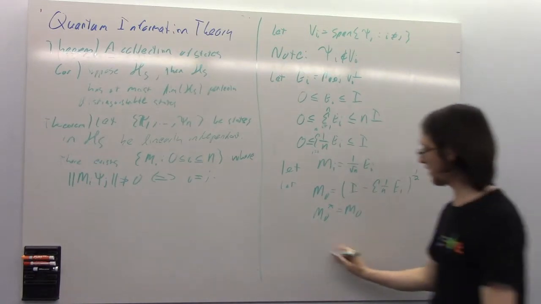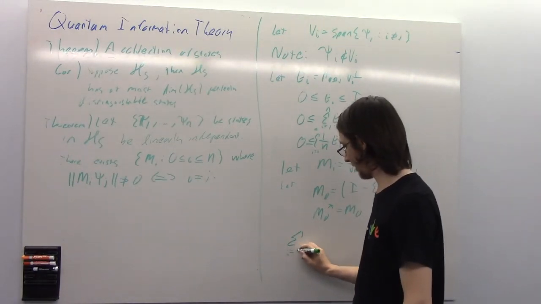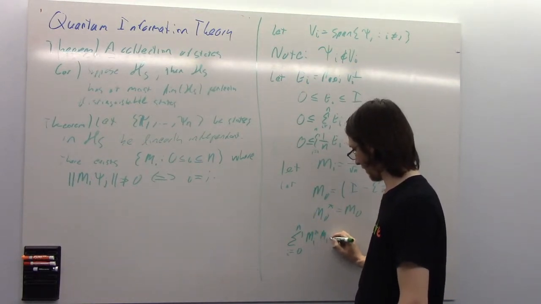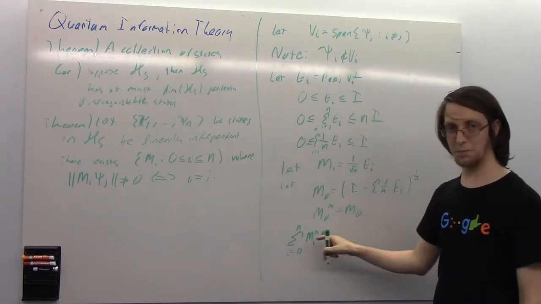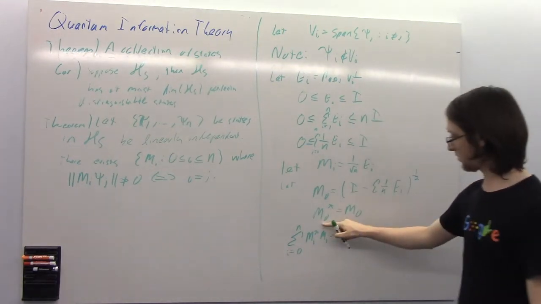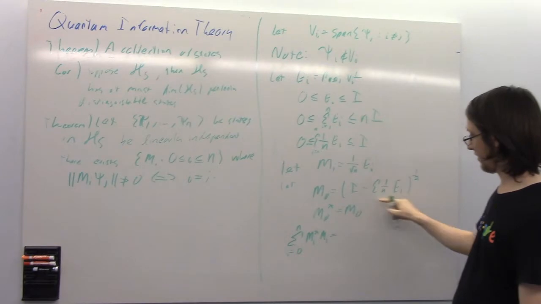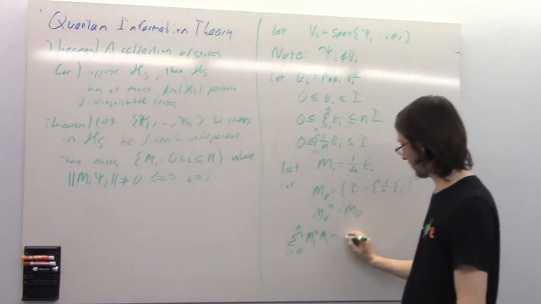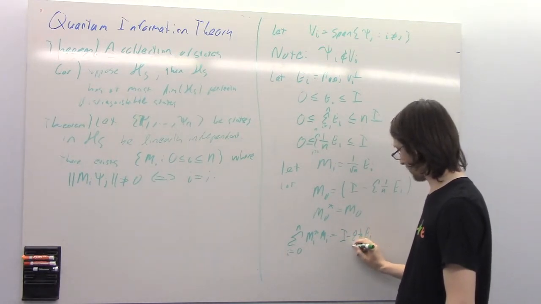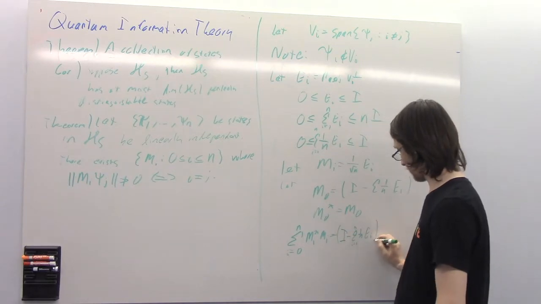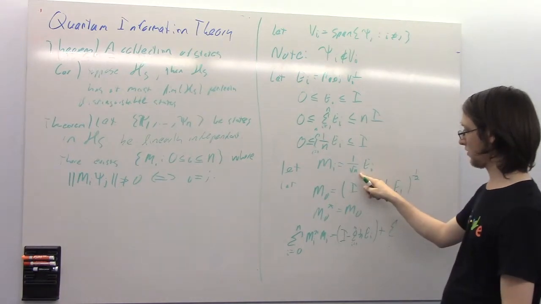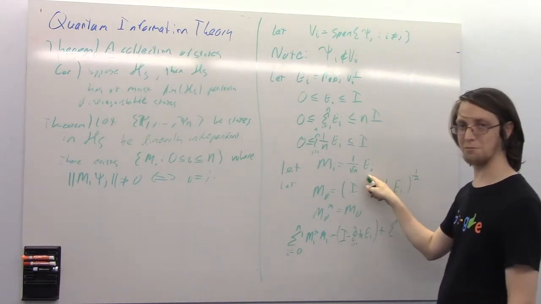So what happens when we sum up the mi's? The sum, I equals 0 to n, mi star mi, right? This we want to be I. This equals m0 star m0, which is this guy, I minus sum 1 over n ei, I equals 1 to n, plus the sum, well, mi is 1 over the square root of n ei, where ei is a projection.